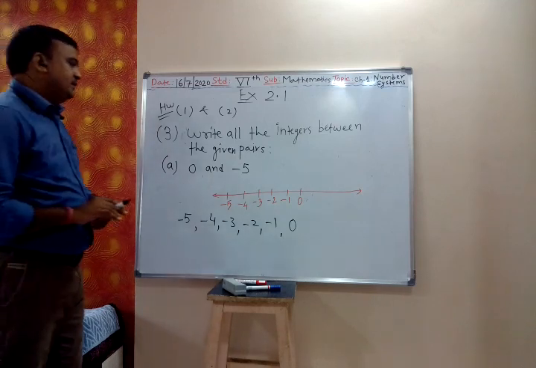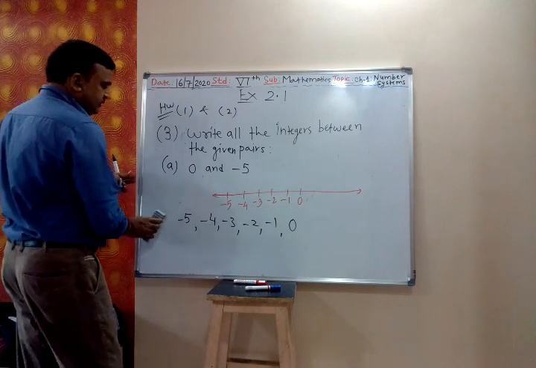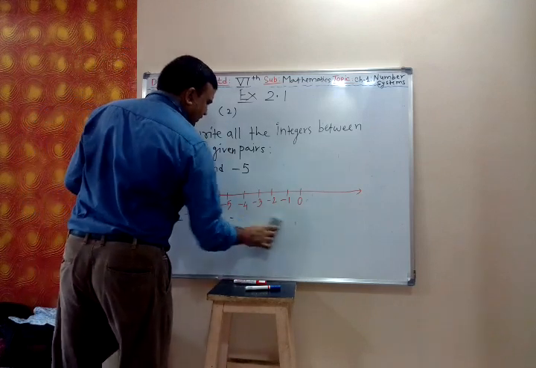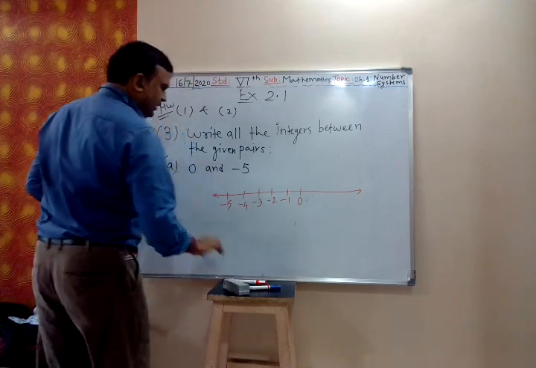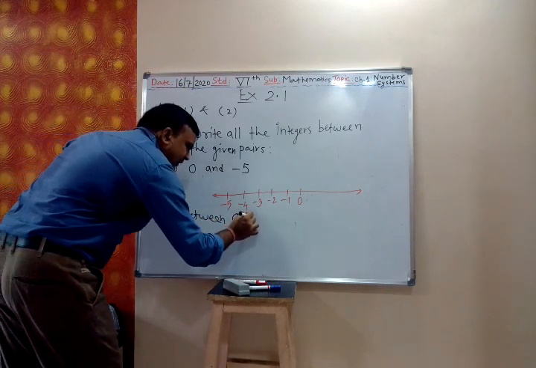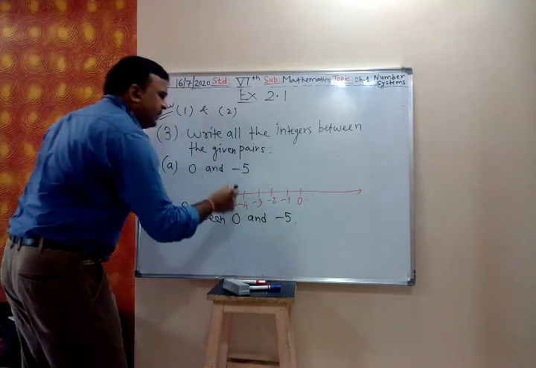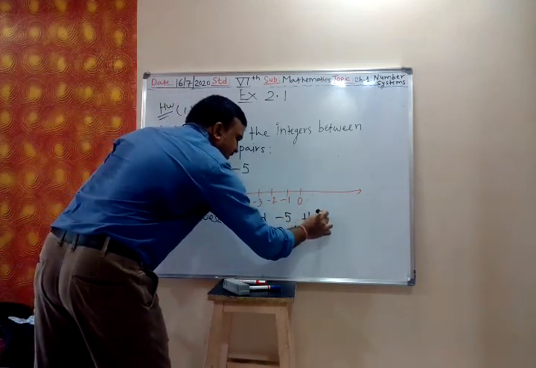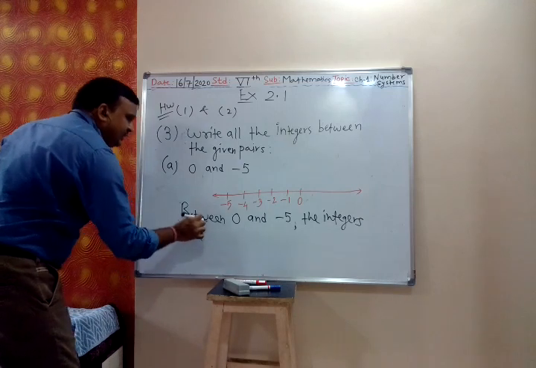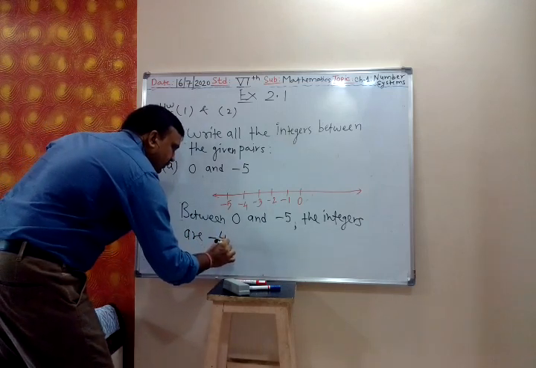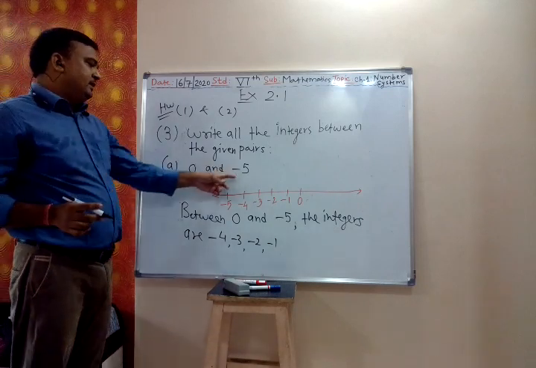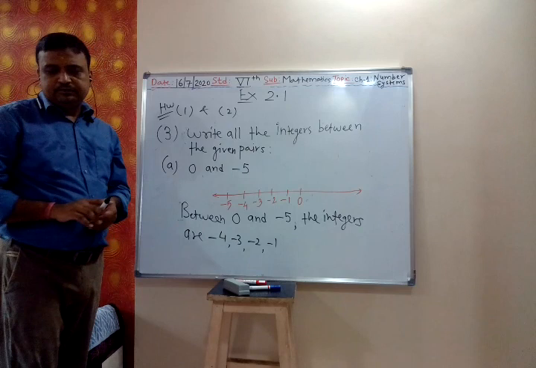So between 0 and minus 5, the integers are minus 4, then minus 3, minus 2, minus 1.